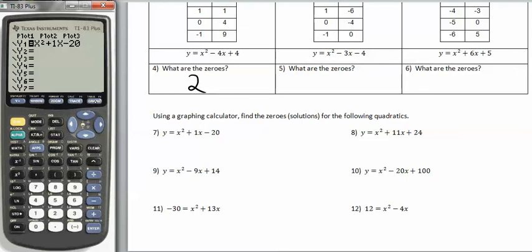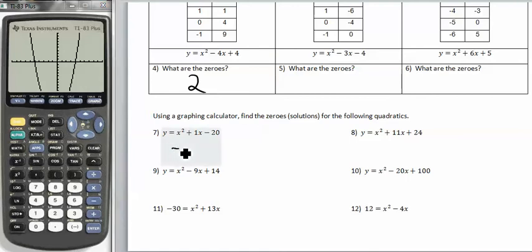And that, we go ahead and graph it, so we could find it from the graph. So 1, 2, 3, 4, 5. So it's -5. And 1, 2, 3, 4. So it's -5 and 4.